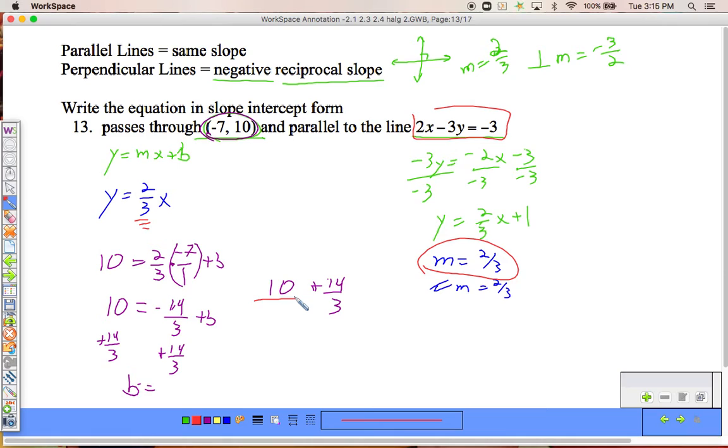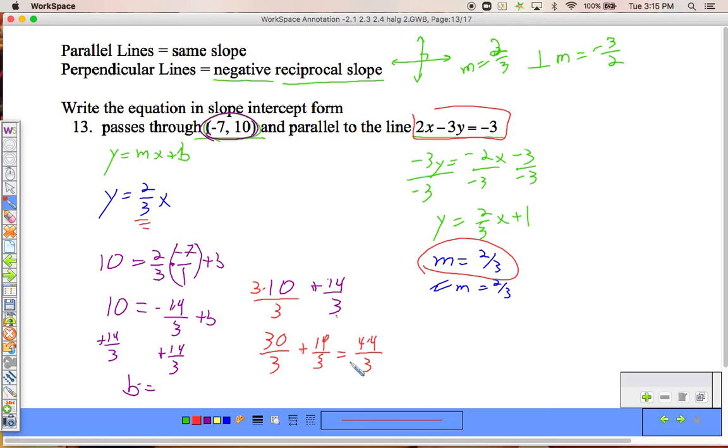To be able to add two numbers together, one being a fraction, we need common denominators. So since my second one has a denominator of 3, I'm going to put a 3 on the top and the bottom of this one. So now, 30/3 plus 14/3, which is going to give me 44/3.